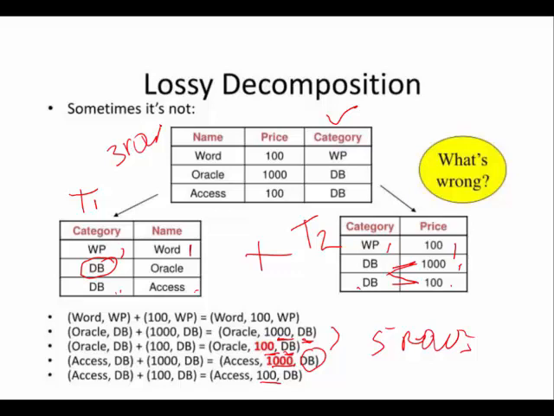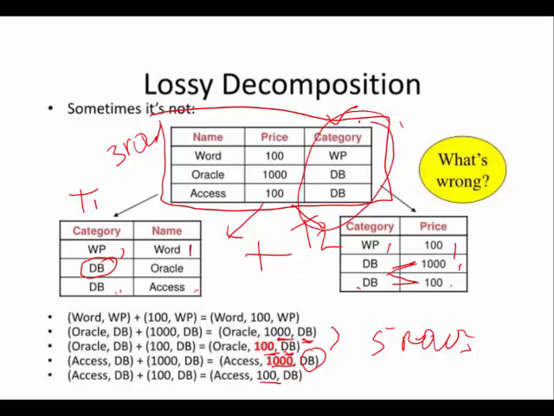So you cannot do that. I mean, if you use this table, you can decompose it into this one. For example, you try to decompose it by using the category attribute. Category is the intersection of T1 and T2.